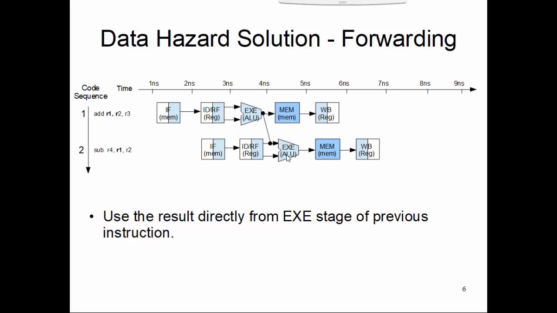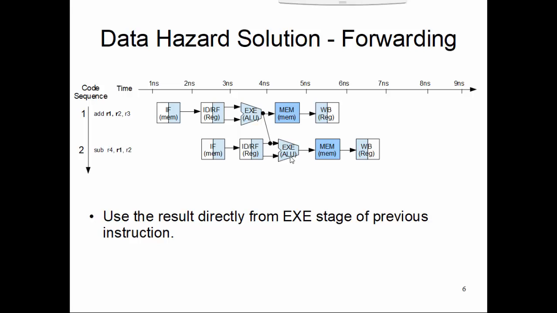That's where the value is being used, in that subtraction instruction. So we are taking the value from the end of the third cycle of the first instruction and using it at the beginning of the third cycle of the second instruction. This is what we call data forwarding.